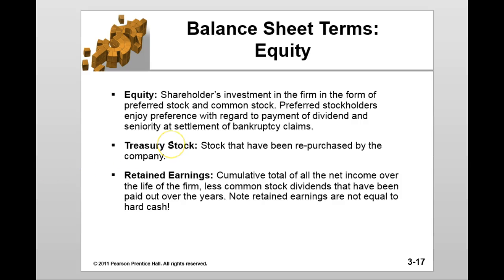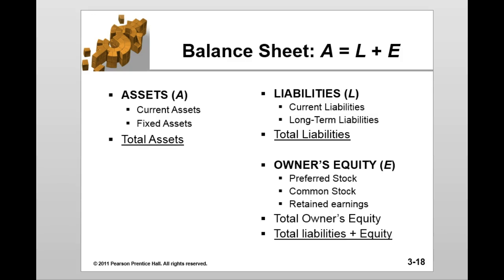It will show the treasury stock and the retained earnings. As you put this all together, you will find that total assets will always equal total liabilities and equity. And this is what a general balance sheet looks like. Assets equal liabilities plus owner's equity. And the accounts that make that up.